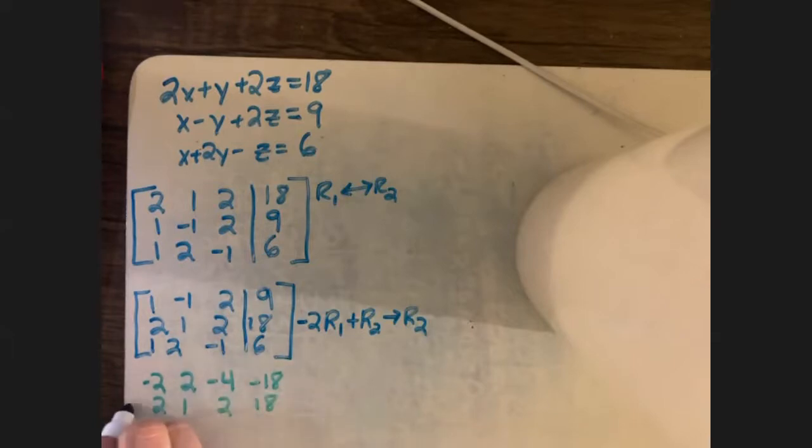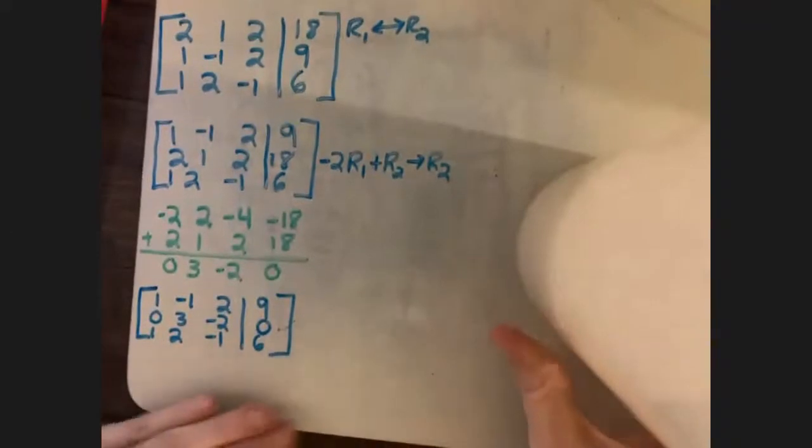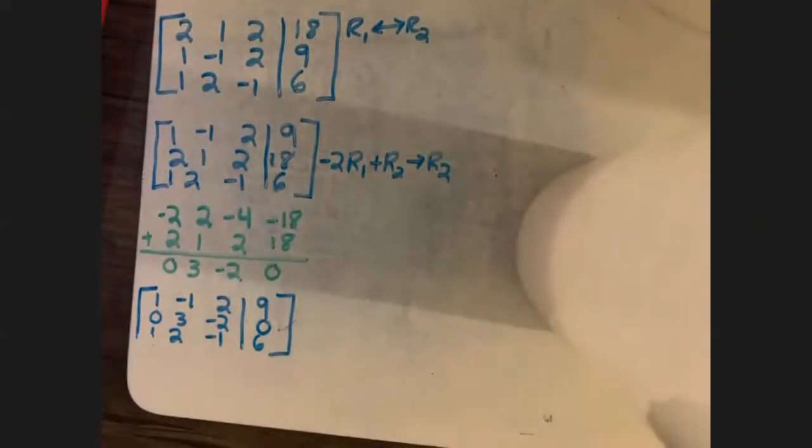Row 2, I'm not going to do anything with, and then I'm going to add. Okay. So now I've got the 0 here.